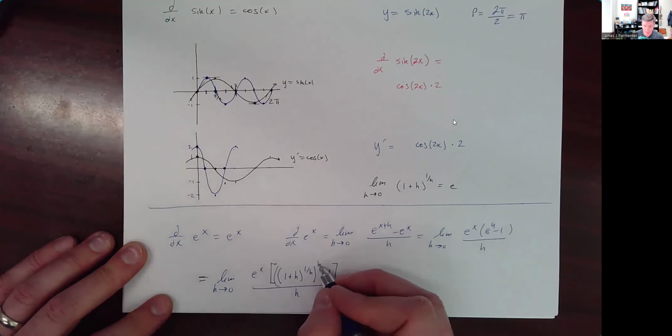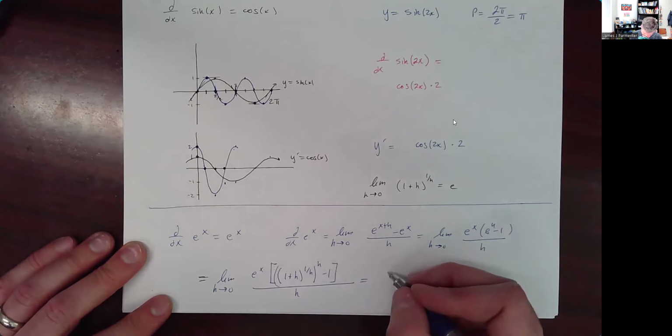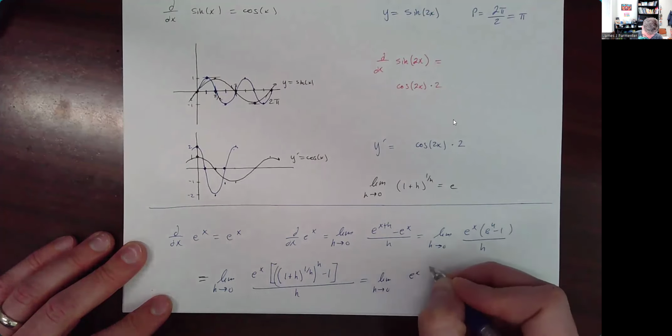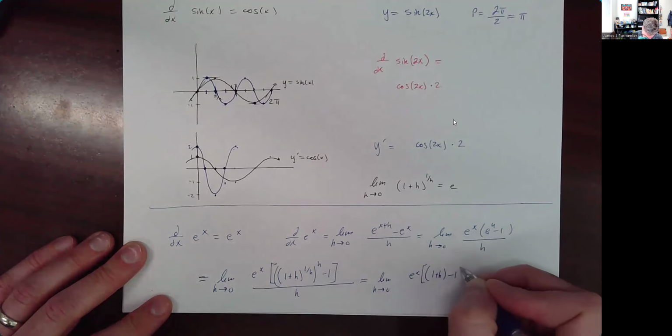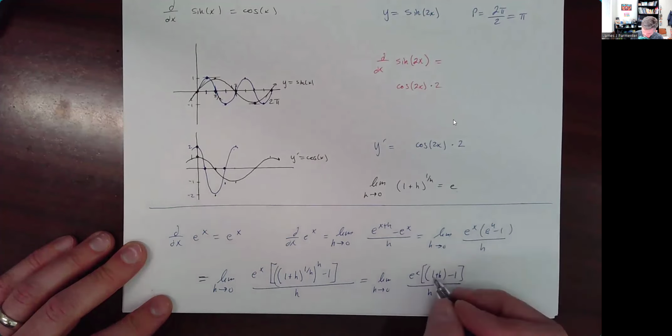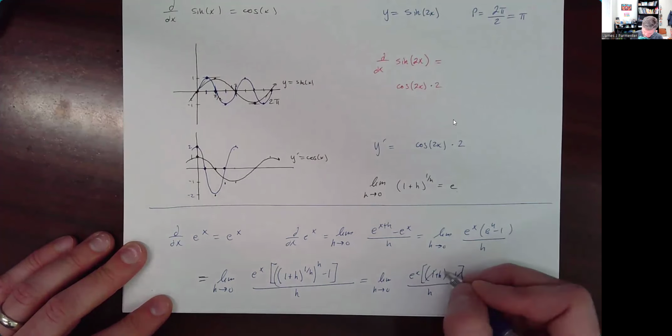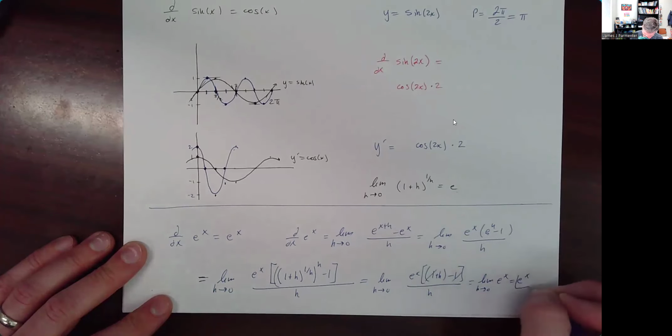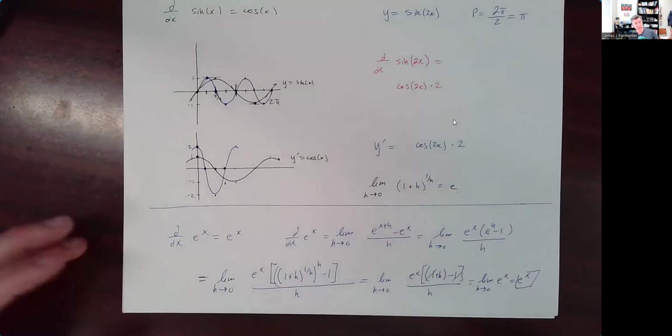The 1 over h and the h, those are going to multiply to 1. So you're going to have the limit as h goes to 0 of e to the x times (1 plus h) to the 1 minus 1. But then 1 minus 1 cancels, h divided by h is 1, and you have the limit as h goes to 0 of e to the x, which is just e to the x. So the derivative of e to the x is e to the x.